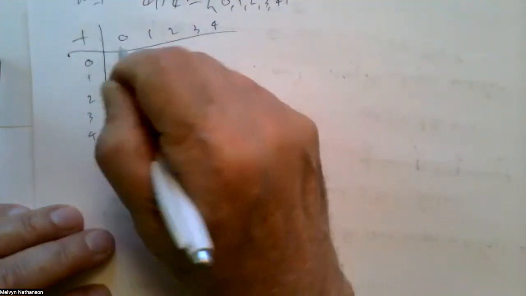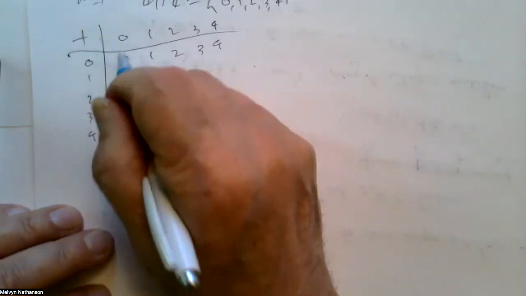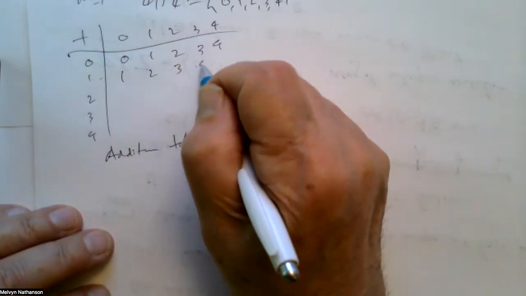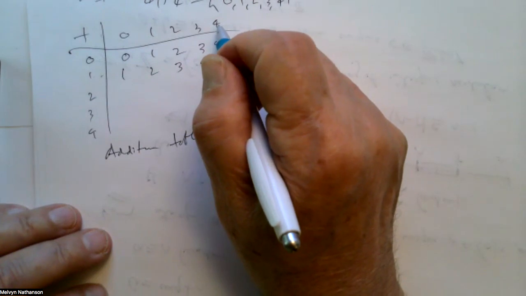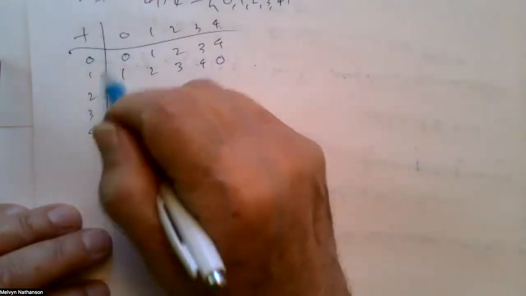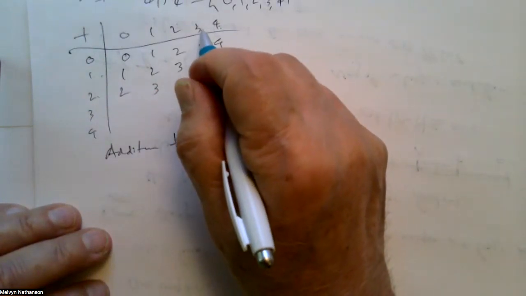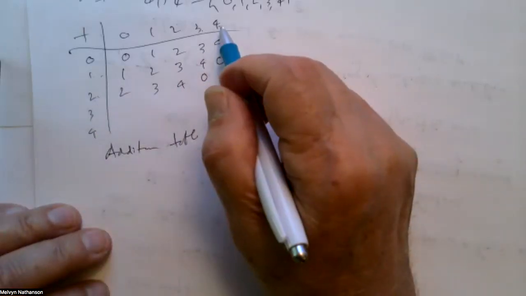We just add them. 0 plus 0, 0 plus 1, 2, 3, 4. 1 plus 0, 1 plus 1, 1 plus 2, 1 plus 3, 1 plus 4. 1 plus 4 is the integer 5, which is congruent to 0. So in this ring, 1 plus 4 is 0. 2 plus 0, 2 plus 1, 2 plus 2. 2 plus 3 is 5, which is congruent to 0 mod 5. 2 plus 4 is 6, which is congruent to 1.